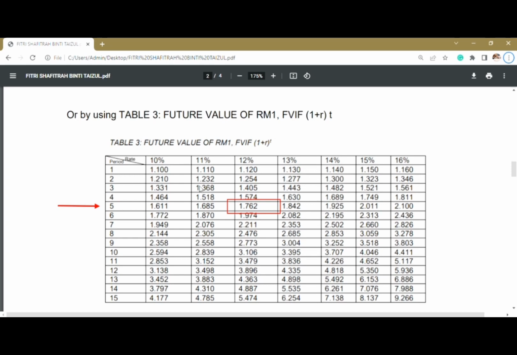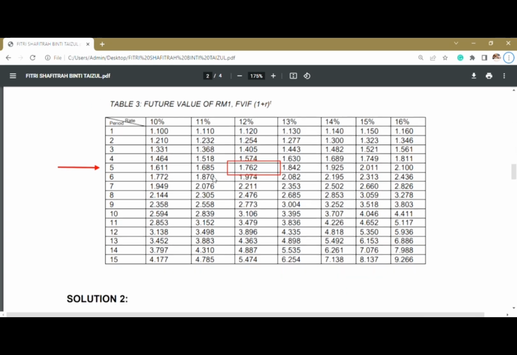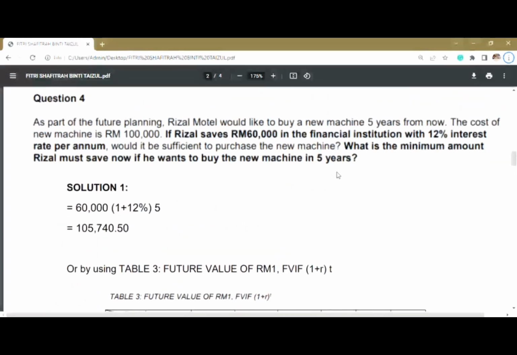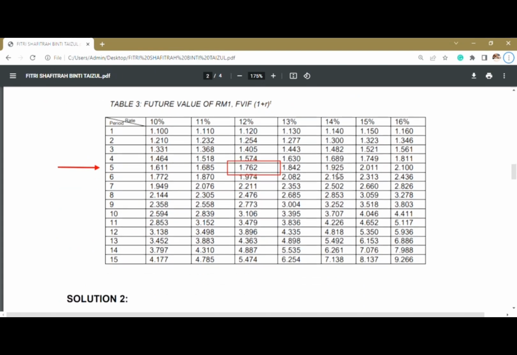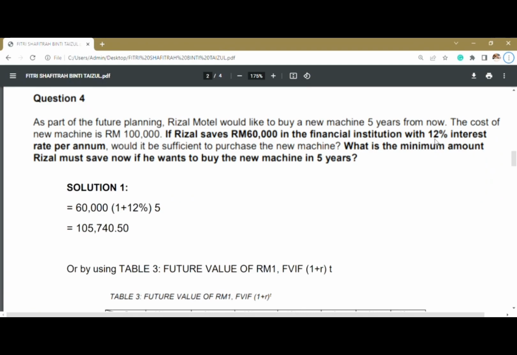For the second solution, we use Table 3 to ease the calculation. Here is the example of the future value interest factor table. Because the question states 5 years, we look at the row of period 5, which stands for 5 years, and the column of 12% because the interest rate per annum is 12%.